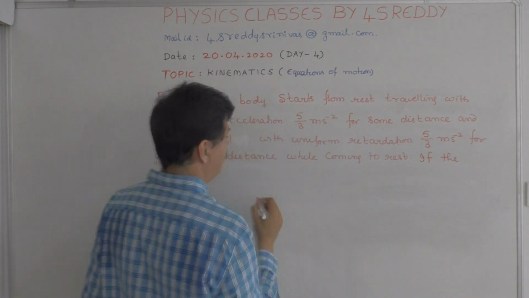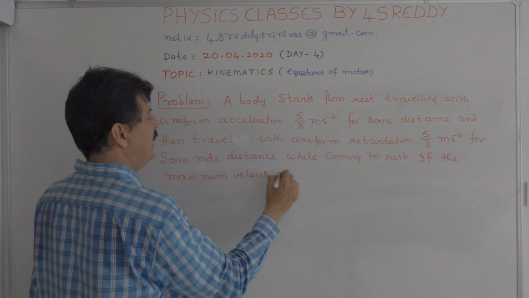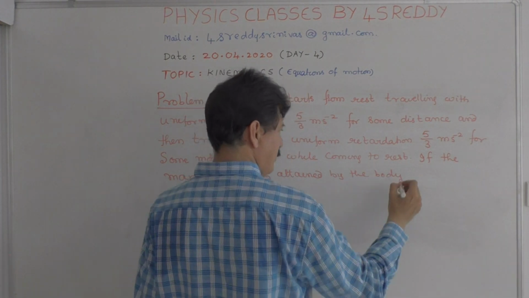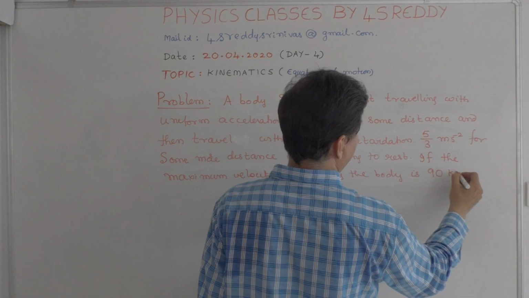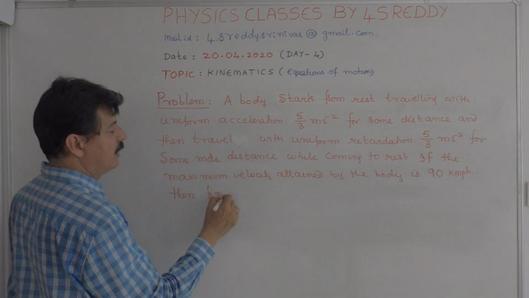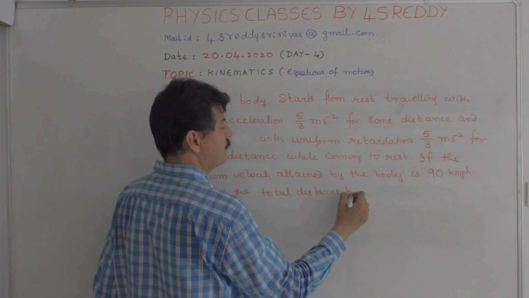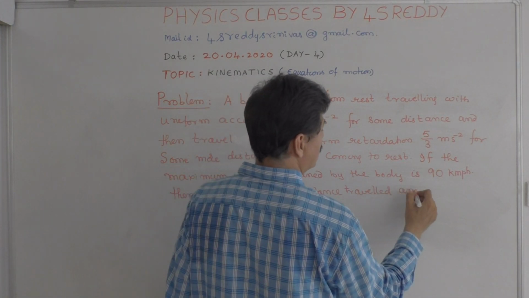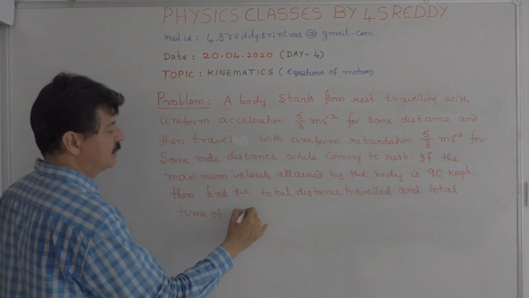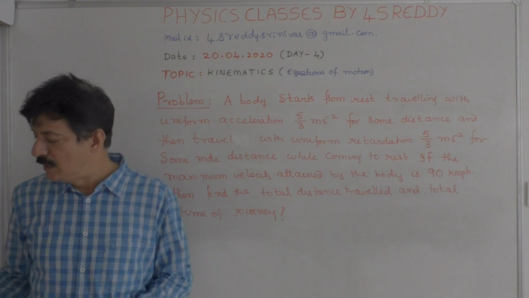If the maximum velocity attained by the body is 90 kmph, that is kilometers per hour, then find the total distance traveled and the total time of journey. This is the question, that's what you are given.